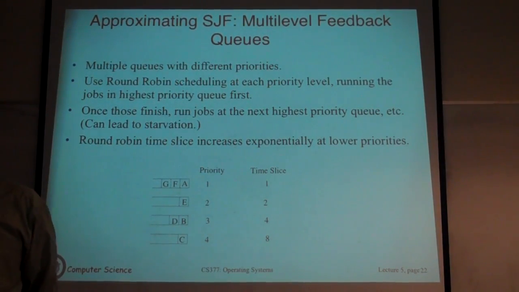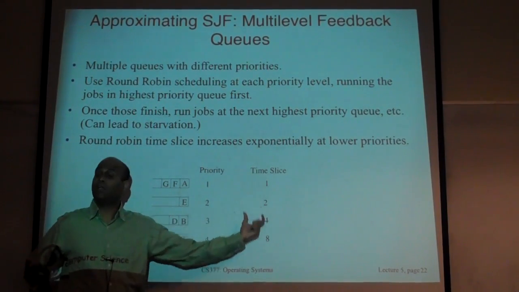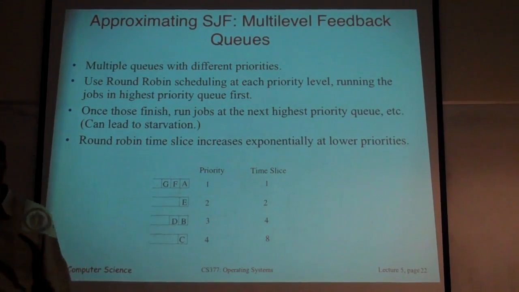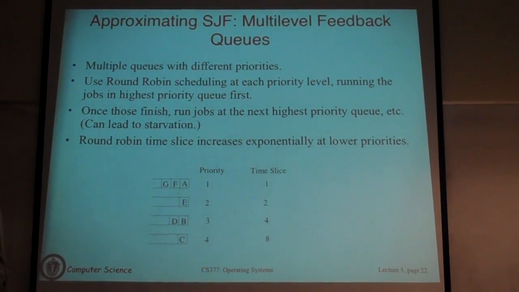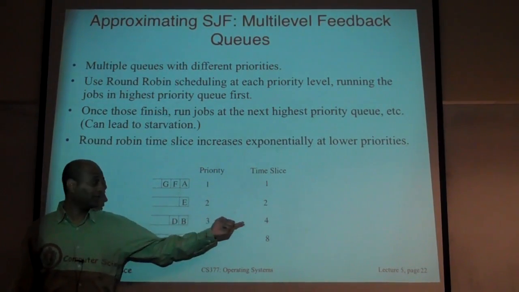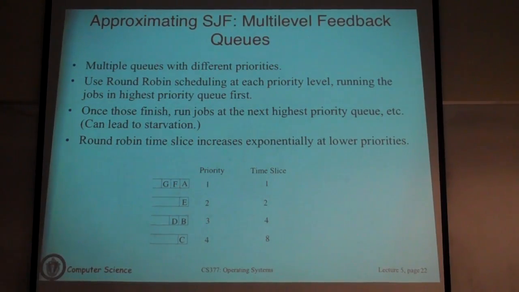If any job in the system uses its entire time slice, then it has to drop one priority level. And vice versa. If you are scheduled for a certain time slice and you give up your time slice by doing I/O before it expires, you will rise in priority.